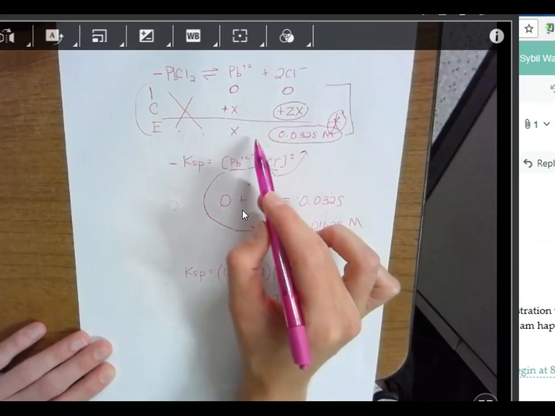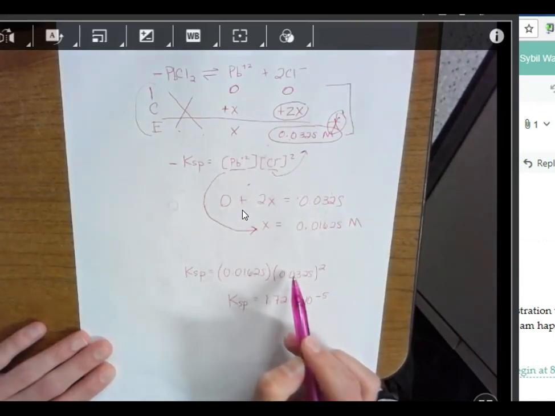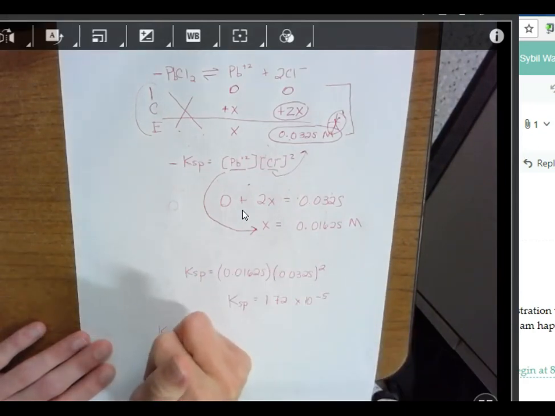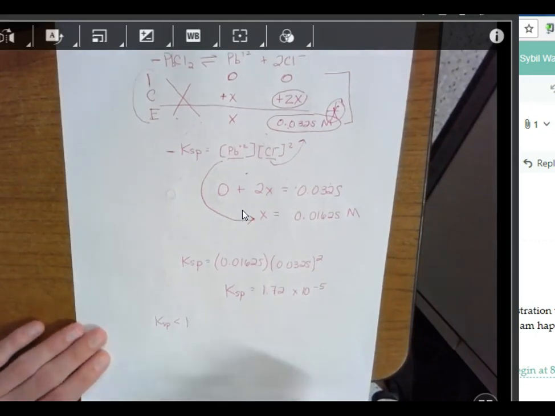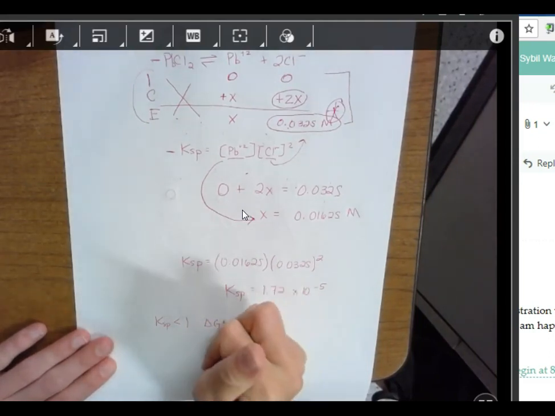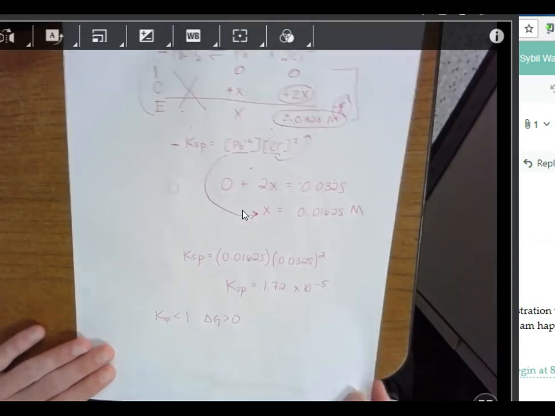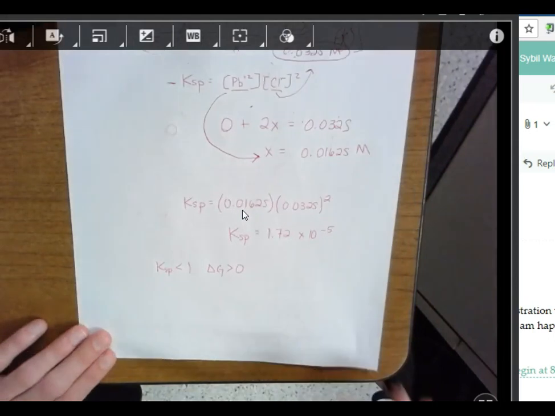So I solved for x, which was my lead. Then plugged those values into my KSP expression and solved. Notice this KSP is less than 1. So I know that this reaction is not thermodynamically favorable. My delta G must be greater than 0, or positive. Alright, good with that? Now let's look at B.